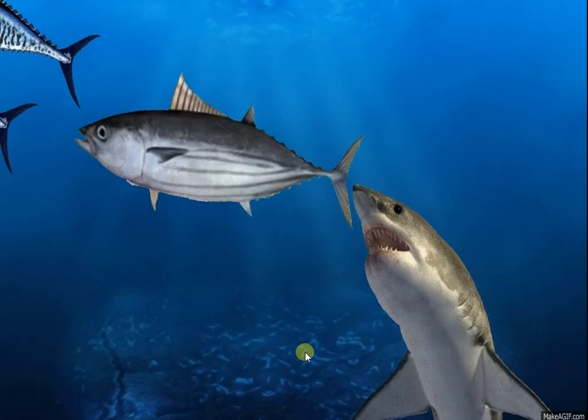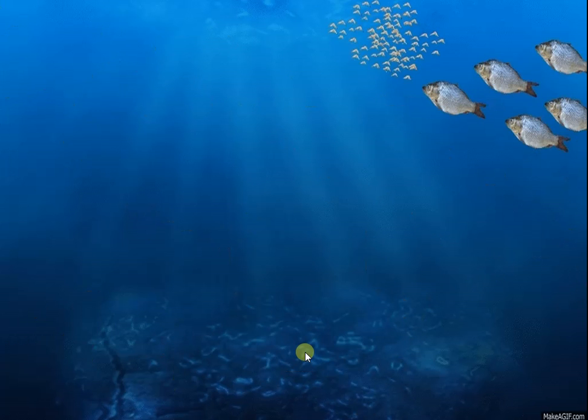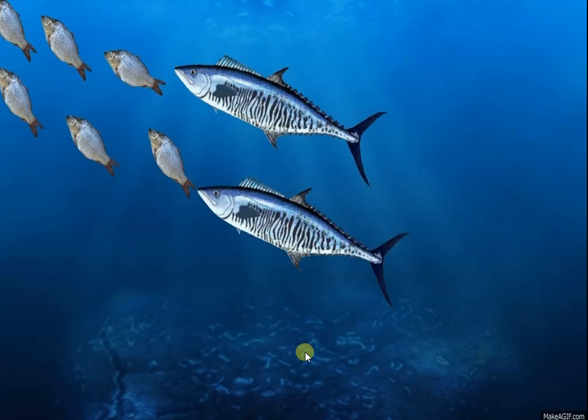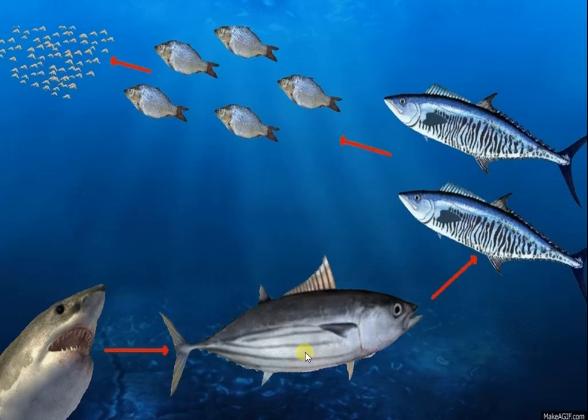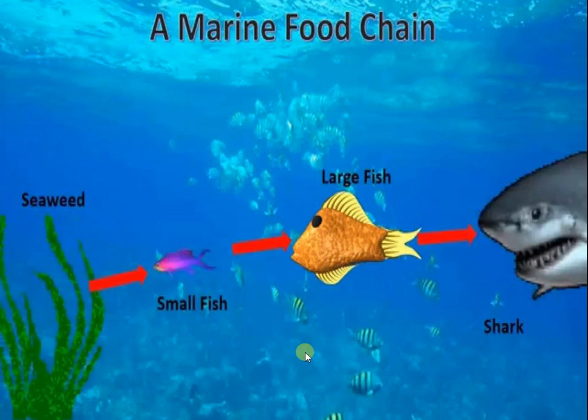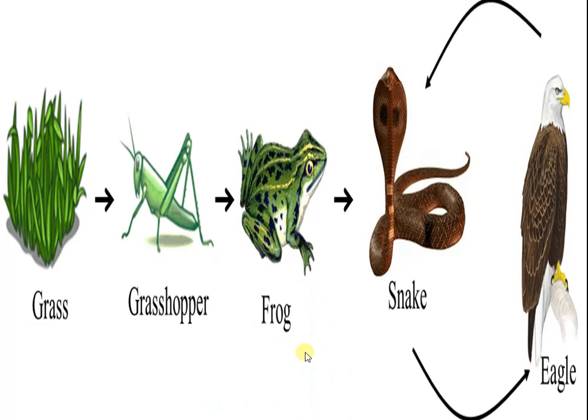Food chains also exist in water. Such a food chain is called an aquatic or a marine food chain. An example of a food chain: the grass is eaten by a grasshopper.